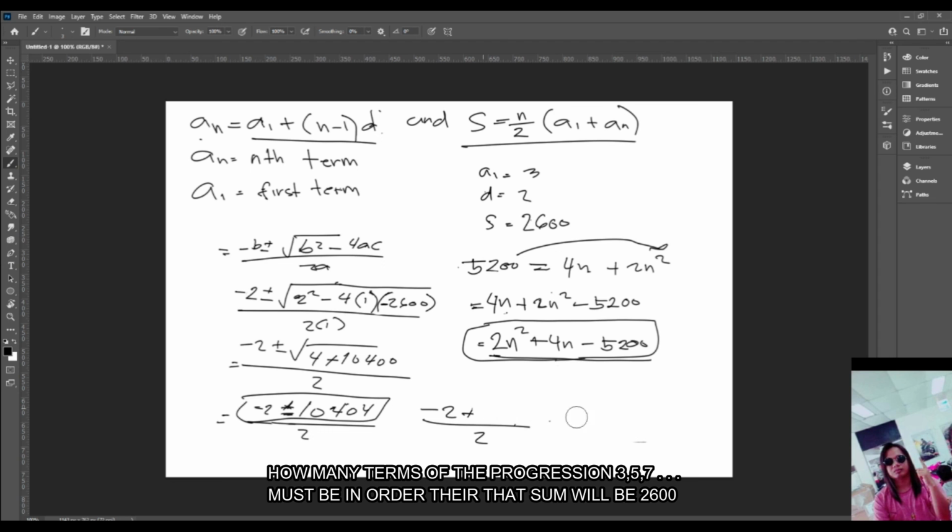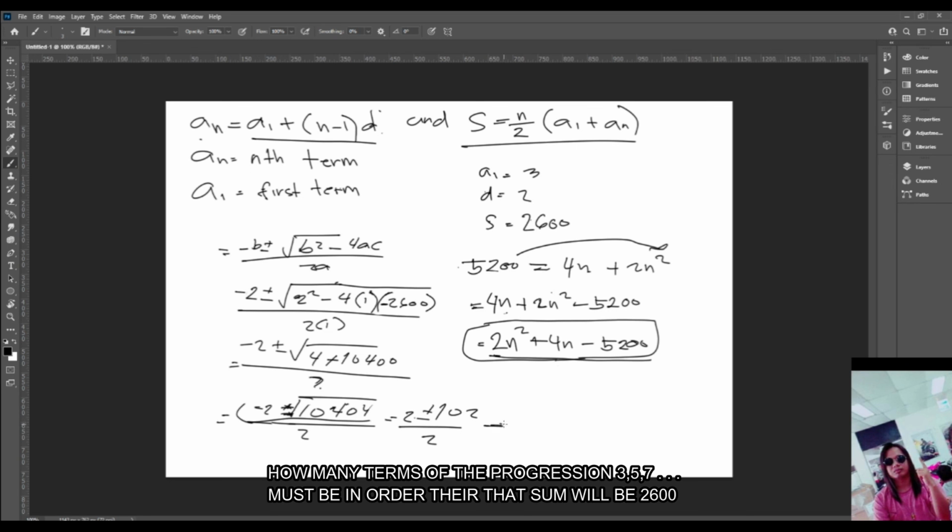No, guys, I am wrong. I'm sorry about that. This is wrong. I made a mistake here. This one still has the square root. Okay, so we will square root this first: 10,404. So this is going to be 102 plus minus 2 over 2.